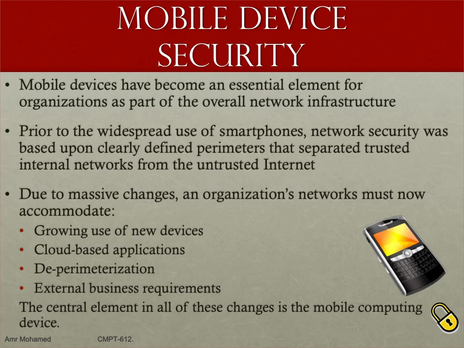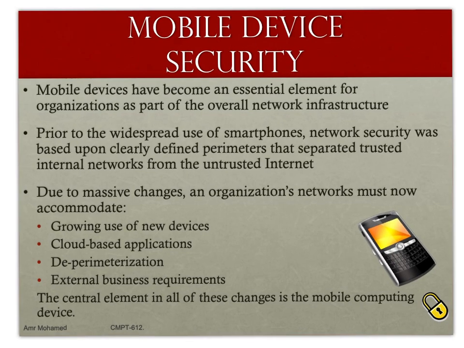The mobile device has become an essential element for organizations as part of the overall network infrastructure. Prior to widespread use of smartphones, network security was based upon clearly defined perimeters that separated trusted internal networks.